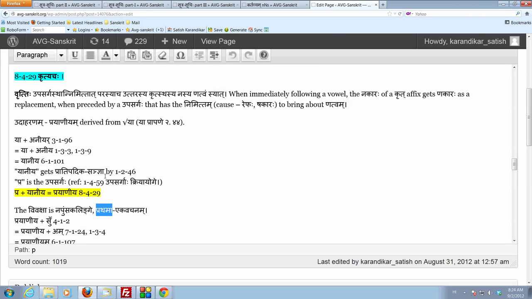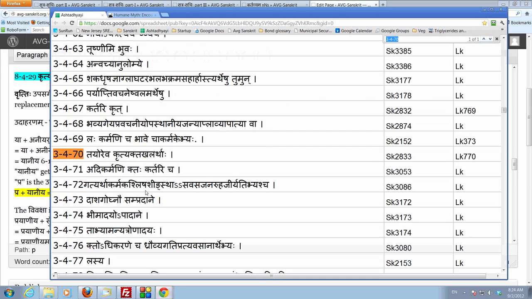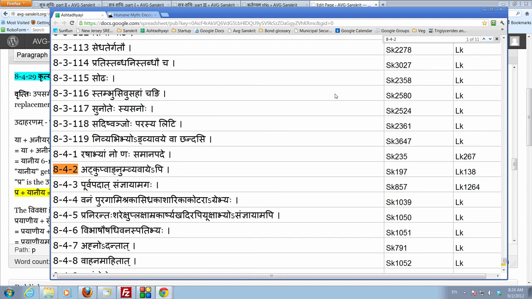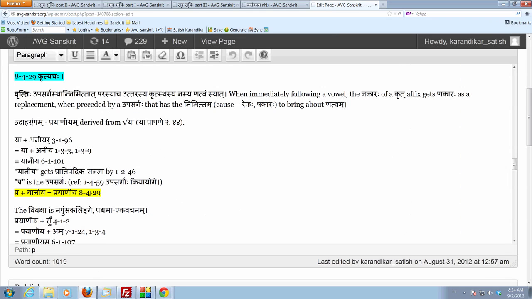When all these conditions are satisfied, and we still have to check that the intervening letters don't violate 842, then the nakara takes the nakara adesha. The reason we require this sutram, we could not just use 842, is because 842 only applies samana pade, and the upasarga is the pruthak padam. So that's why we need 8429 to derive forms like prayaniya.